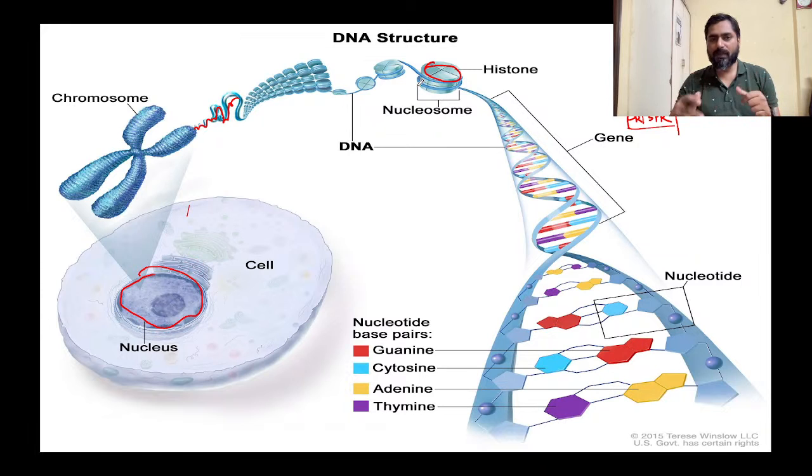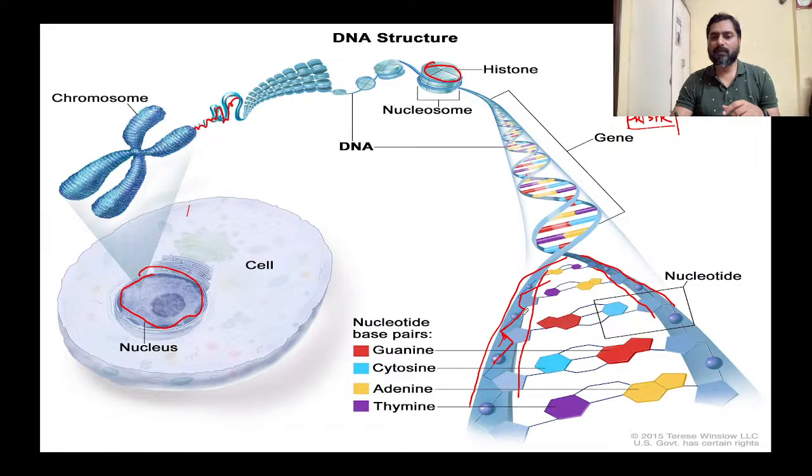But if you further open up the DNA and look deeper, you will start seeing these strands. So this is one strand and this is the other strand. These strands are made up of sugar and phosphate. So you can see alternate layers of sugar and phosphate.